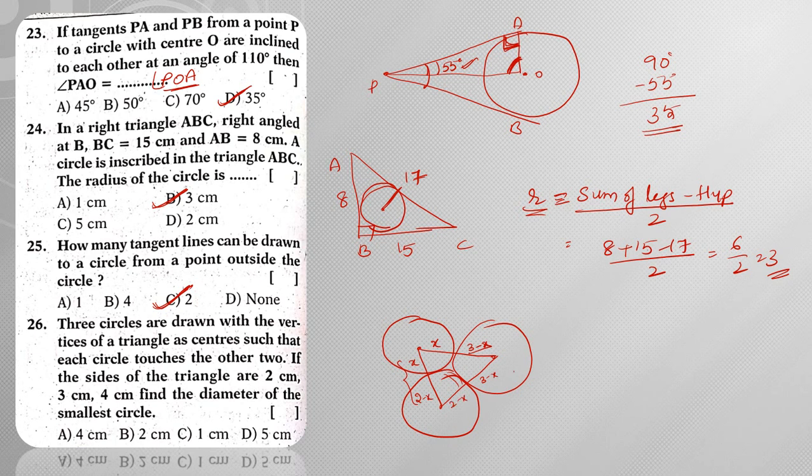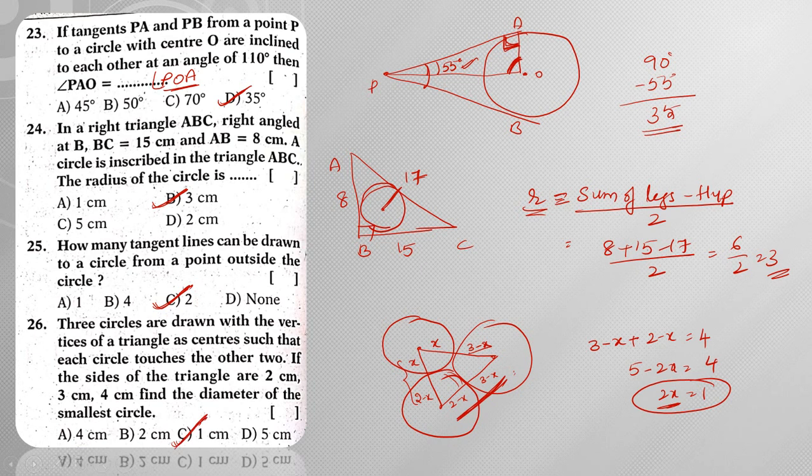Now since these two are big circles, this side length will be equal to 4. So 3 minus x plus 2 minus x is equal to 4 centimeters. So 5 minus 2x is equal to 4, and 2x is equal to 1. Since x is the radius of the given small circle, 2x is the diameter. He is asking for the diameter, hence the diameter is 1 centimeter.